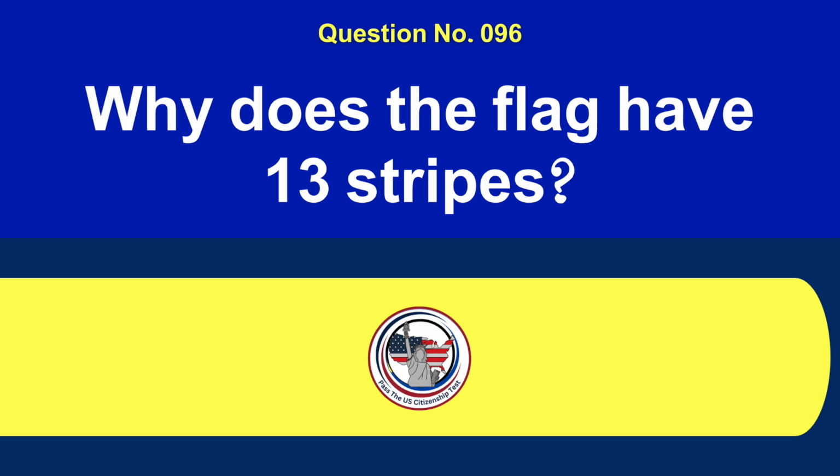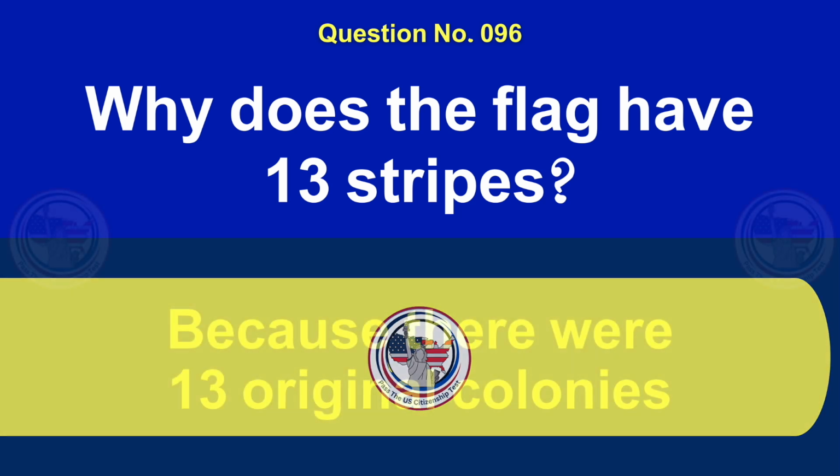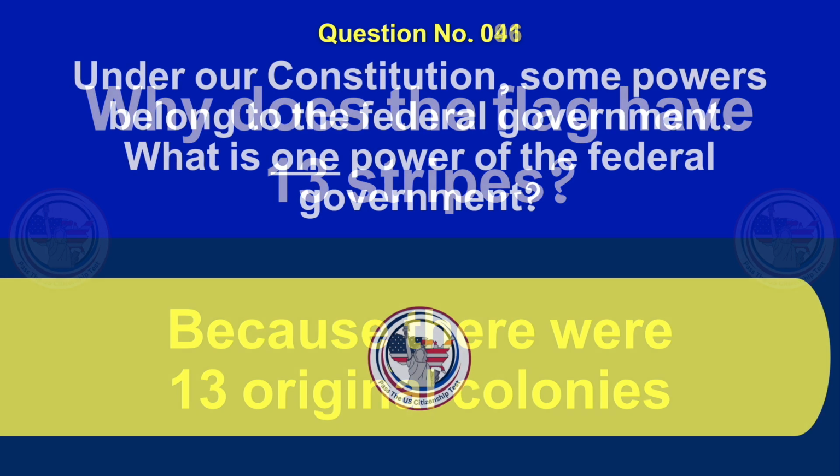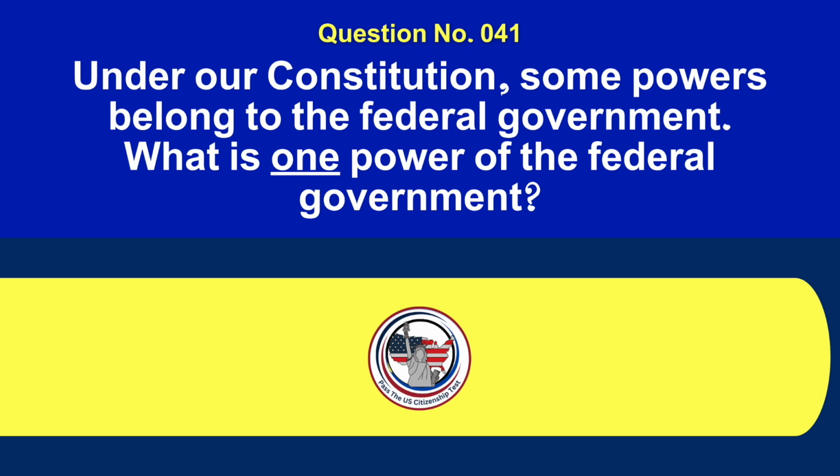Why does the flag have 13 stripes? Because there were 13 original colonies. Under our Constitution, some powers belong to the federal government.